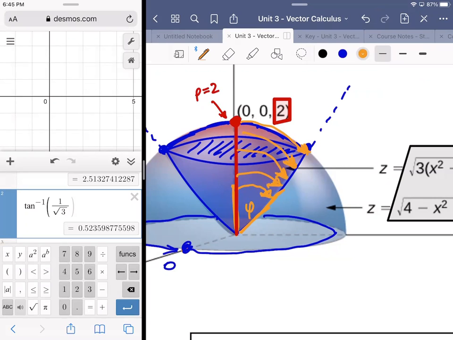So that measures pi over 6 radians. And then the whole thing is getting swept around the axis, creating this cone-shaped figure, cone-shaped in the sense of an ice cream cone, right? So those bounds will get the job done.